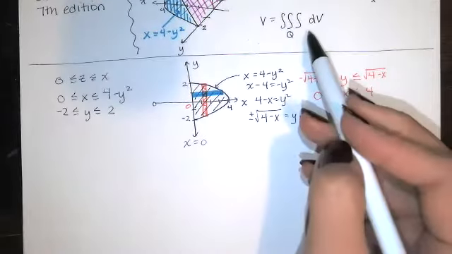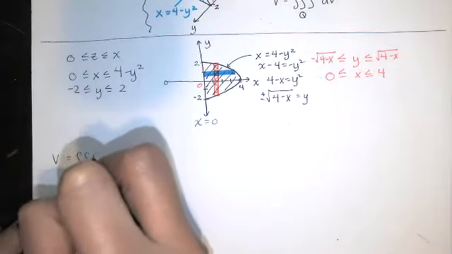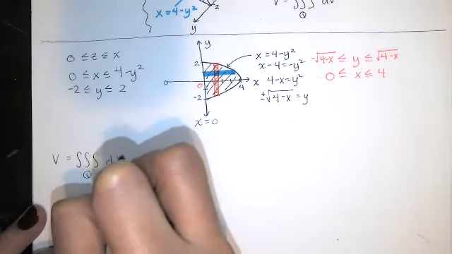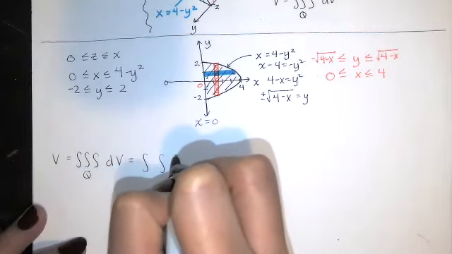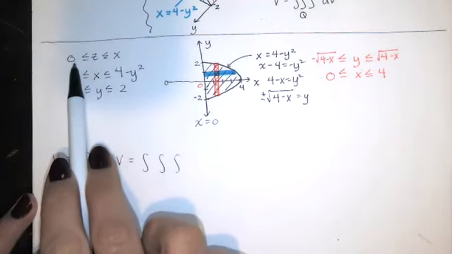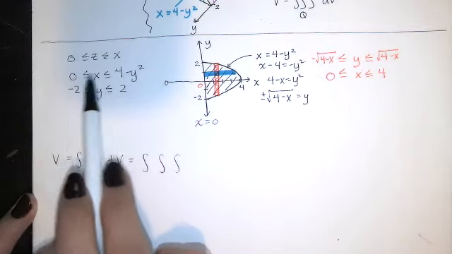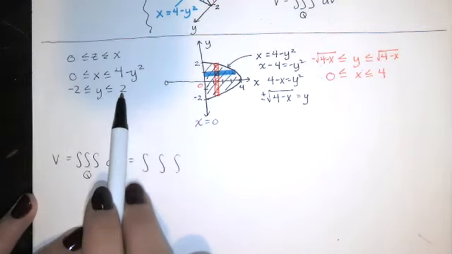Okay, so let's set up this volume integral and evaluate it to find that volume. Now notice that z is going from 0 to a function of x, x is going from 0 to a function of y, and y is going from a constant to a constant.